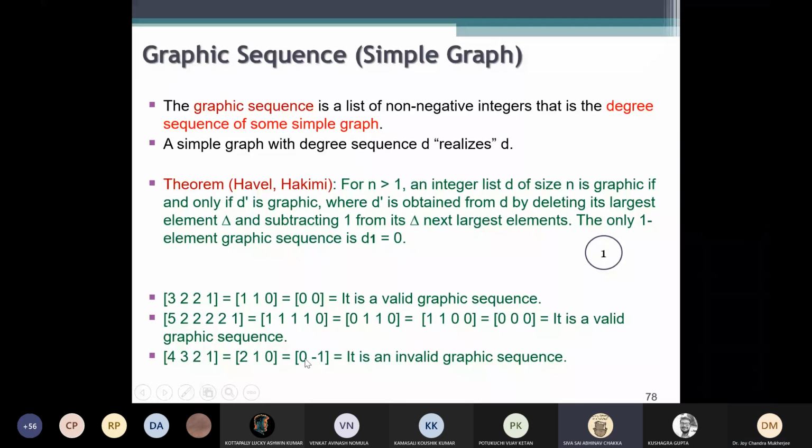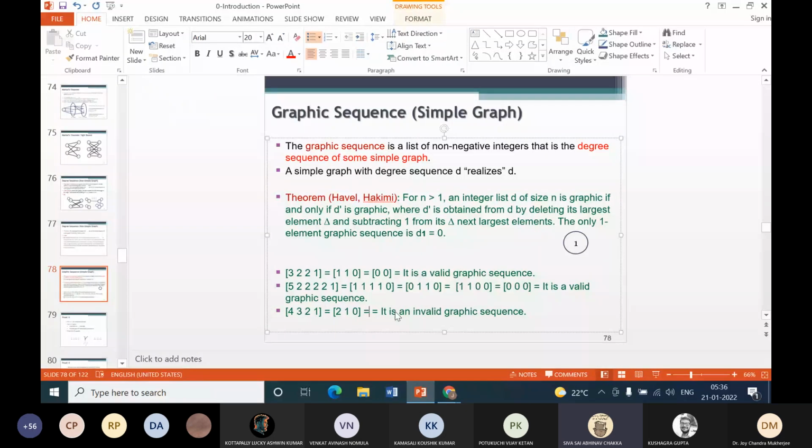So this is not possible. If I delete 4, I need to subtract 1 from the next 4 elements, but those next 4 elements don't exist at all. If I put it as 4, 3, 2, 1, 1 like that, then what will happen? Let's see. So it will be 2, 1, 0, 0 in that case.